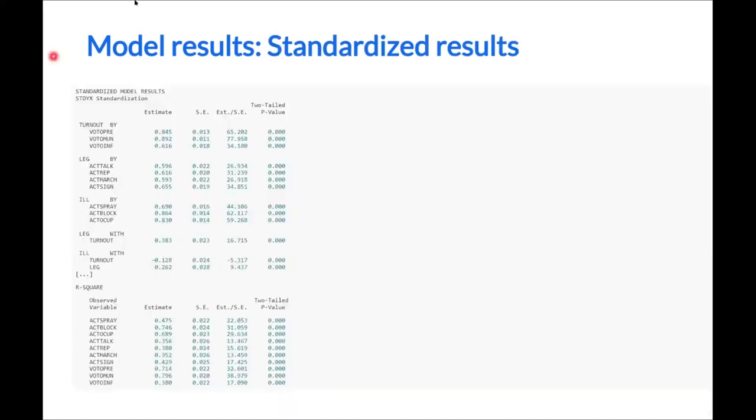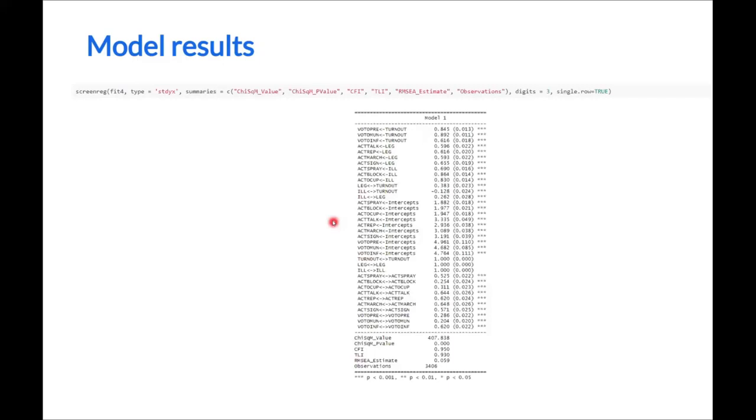And after that, we can make the interpretation of the loadings. In the standardized model results, the loadings of turnout or formal participation are pretty good. Then legal participation and illegal participation, and the association between these latent variables. And here we can observe the R-square, just to analyze which indicators could be removed, but in that case we have other options.